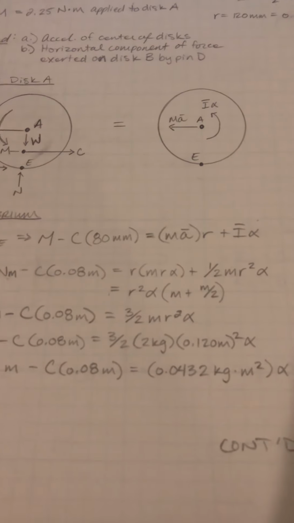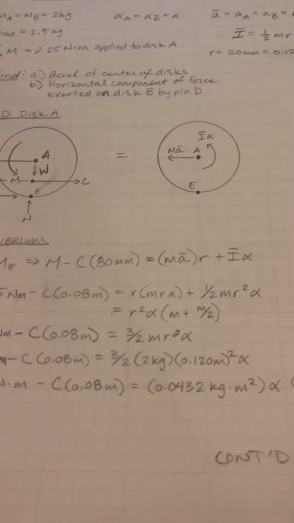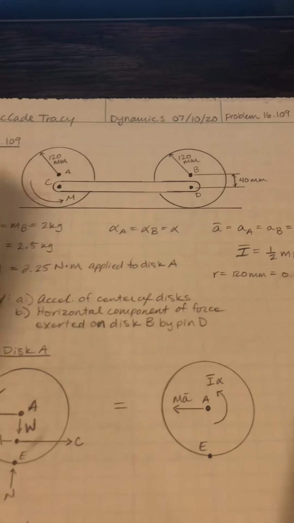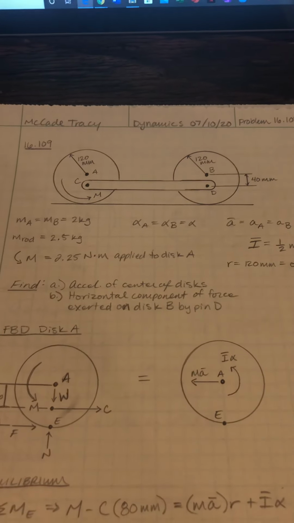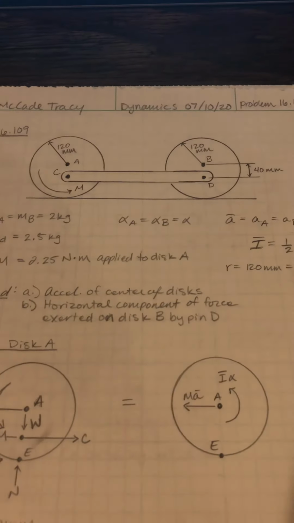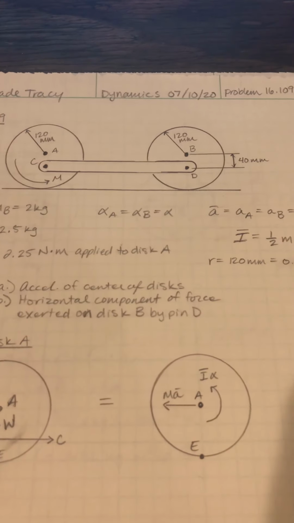So here, this is the last question. We have two discs connected by a uniform rod, with a mass of 2.5 kilograms.